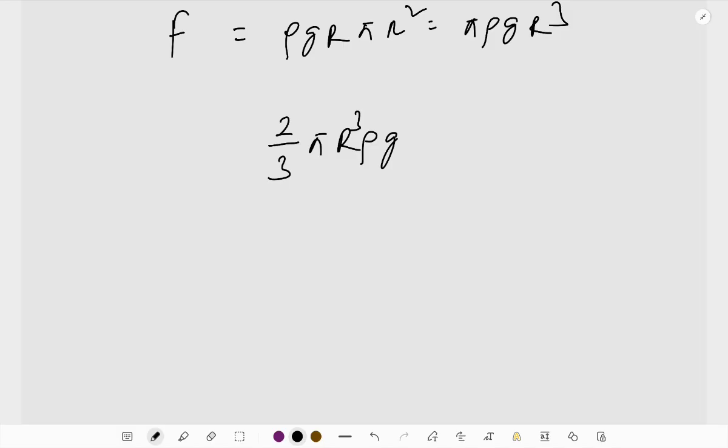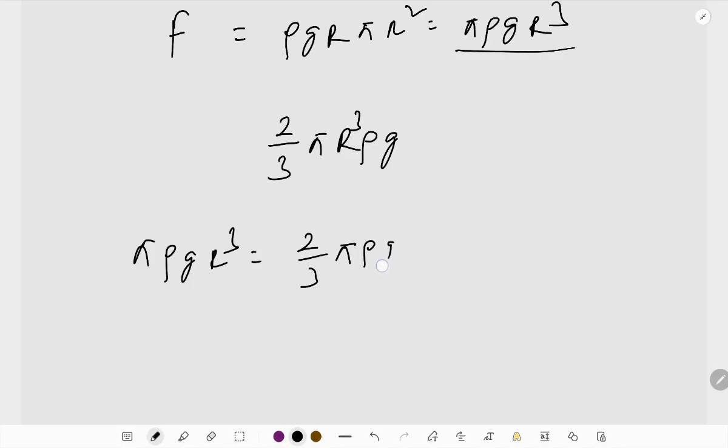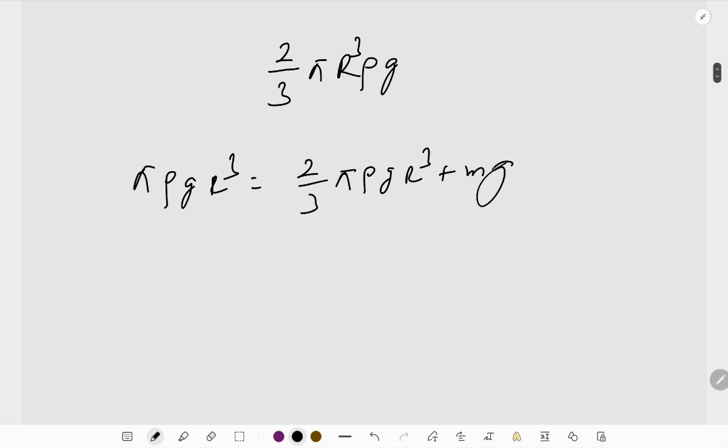And you can see here that this force pi rho g r cubed will be equal to 2 by 3 pi rho g r cubed plus mg, and you can find the value of m from here, and this will definitely be equal to 1 by 3 pi rho r cubed.